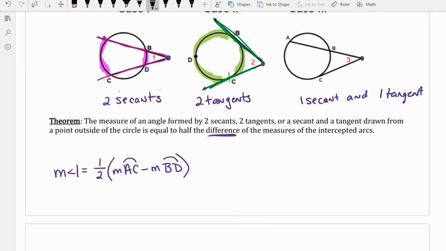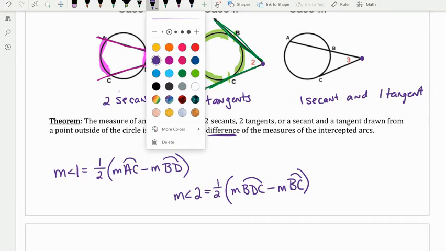So for the measure of angle 2, I'm going to do 1/2 the measure of arc. Now with this one being a major arc, I have to use 3 points: B, D, C, minus the measure of arc BC. So big arc minus the small arc.